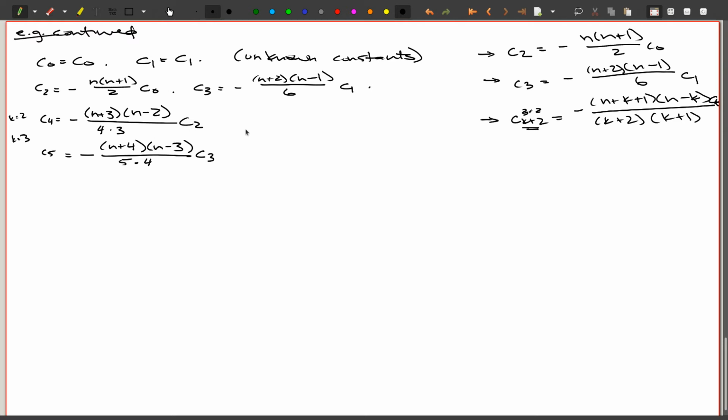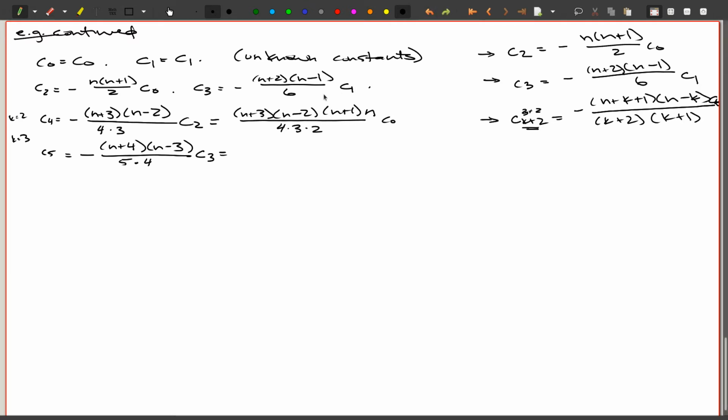And then we have to also remember that c sub 2 and c sub 3 we have equations for. So we can go ahead and plug them in. So our negatives are going to cancel out on both these terms. And we're going to be left with n plus 3 times n minus 2 times n plus 1 times n over 4 times 3 times 2, all times c sub 0, when we just plug in that c sub 2.